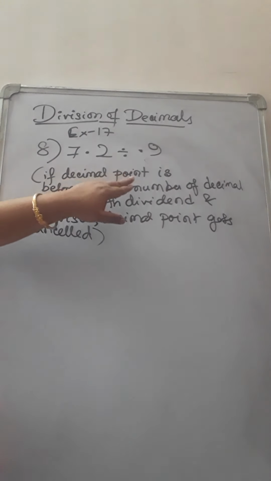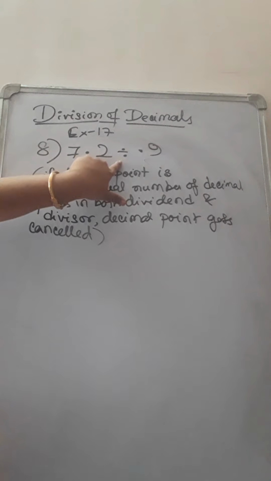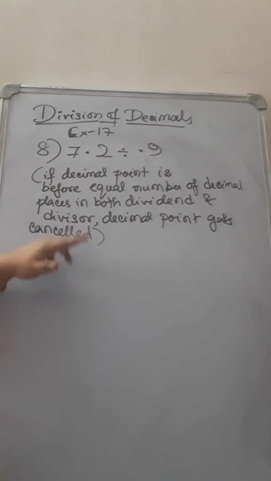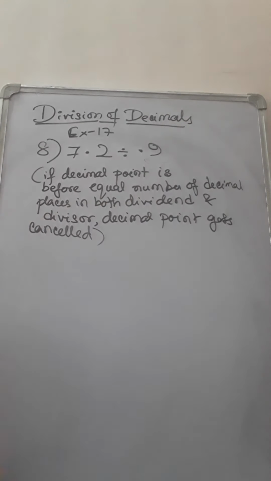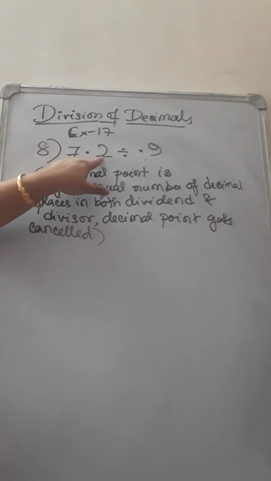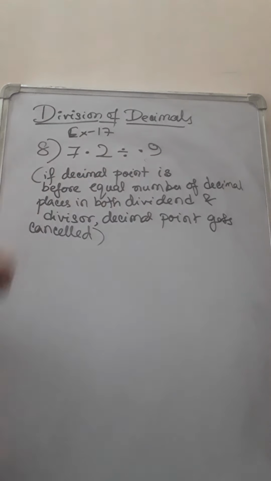If the decimal point is in both numbers, dividend as well as divisor, and it is before an equal number of decimal places, so after the point the numbers we call decimal places.